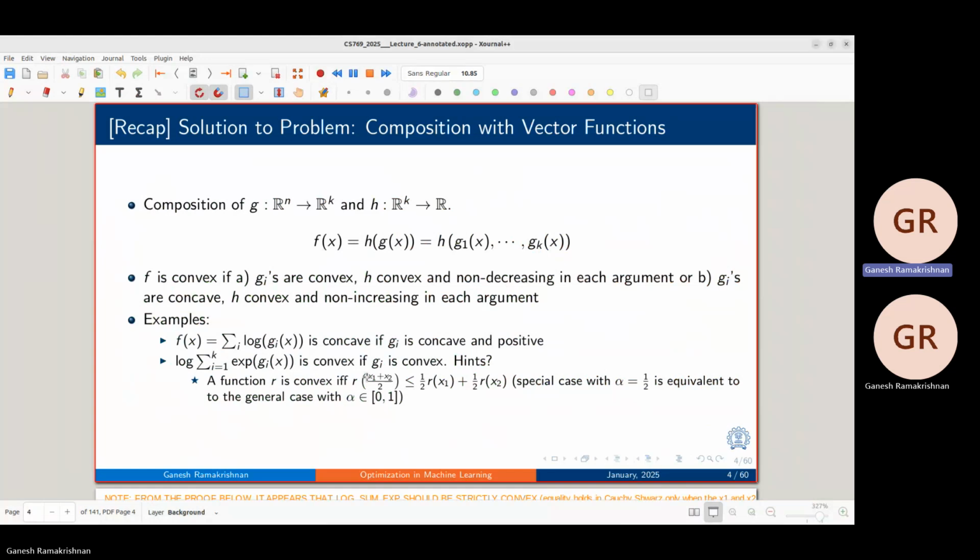So midpoint convexity says that, well, for any function, if I can prove that f of half of x1 plus half of x2 is less than or equal to half of f of x1 plus half of f of x2, for all x1, x2 in the domain, then f must be convex.